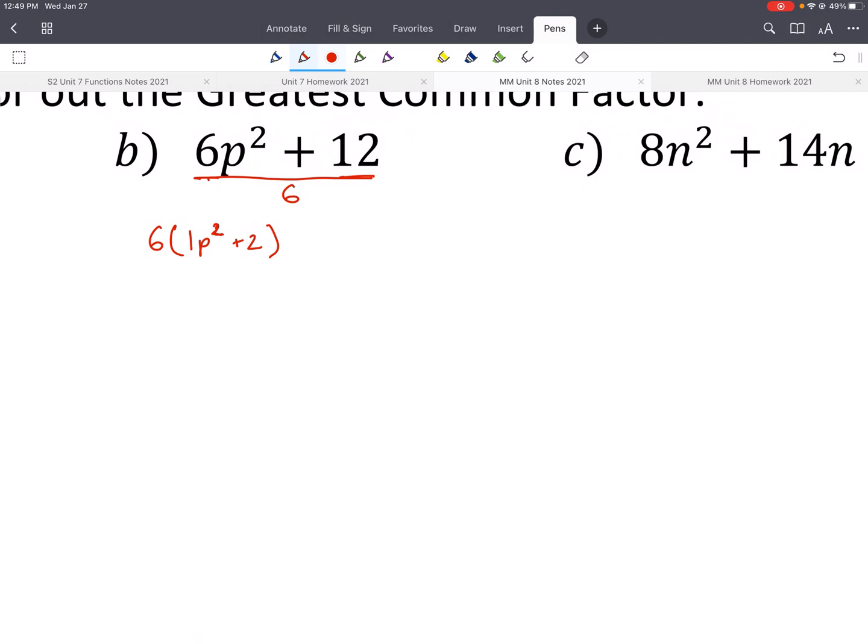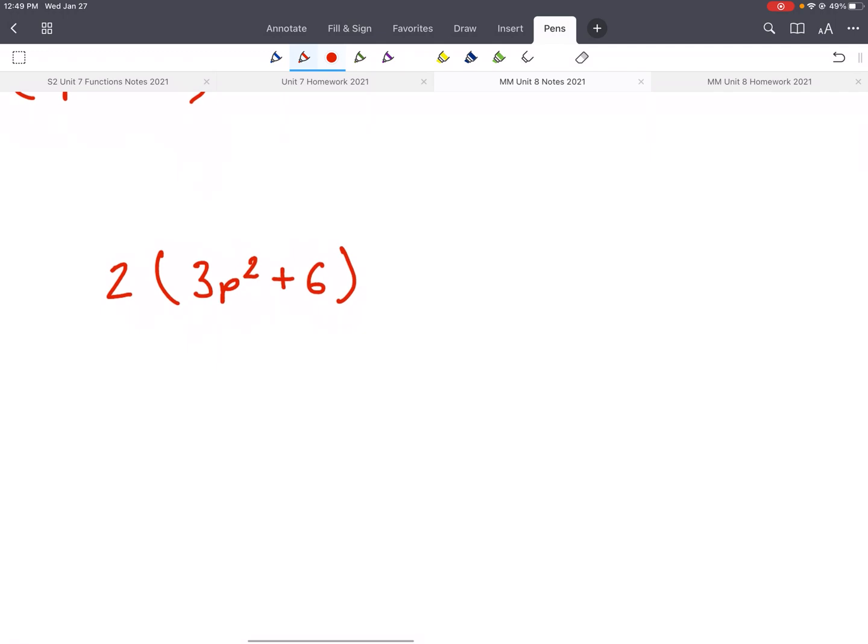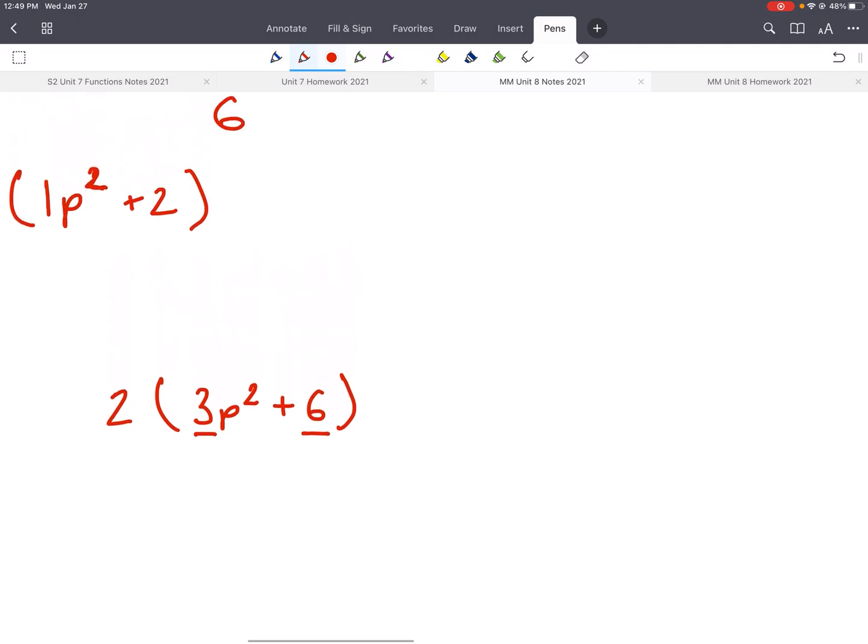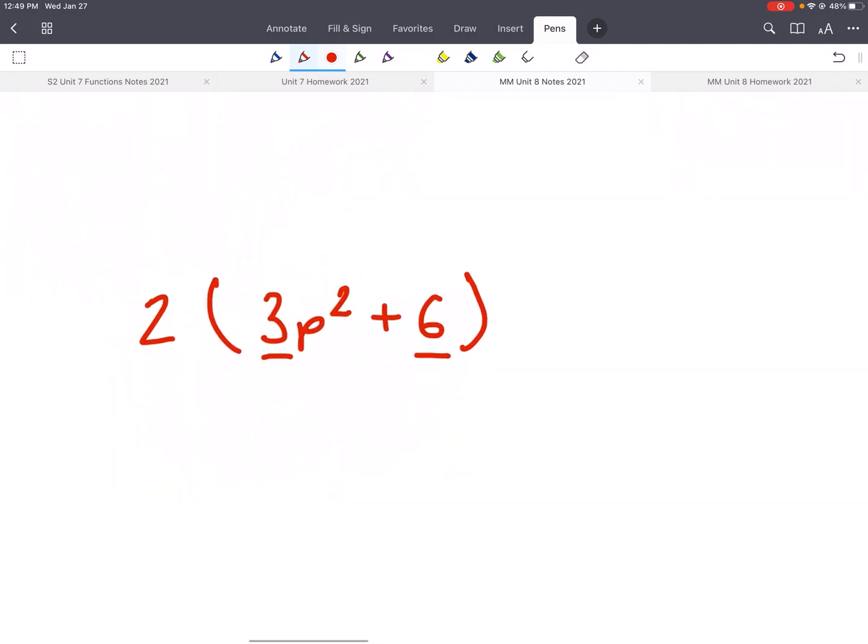Say you said the greatest common factor was 2, and you divided all of these by 2, you would end up getting 3p squared plus 6. And then we could look at that and say, ooh, I think I made a mistake. I think I can still divide these by 3. So either you can start all over, or you could factor out a 3 and know that we already have a 2.